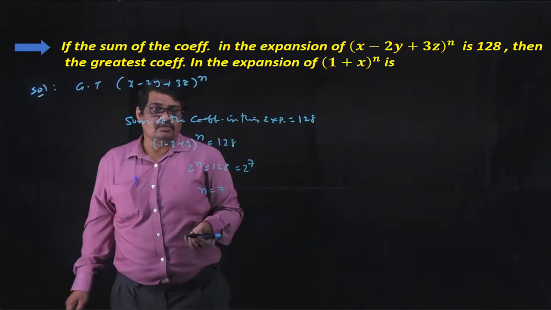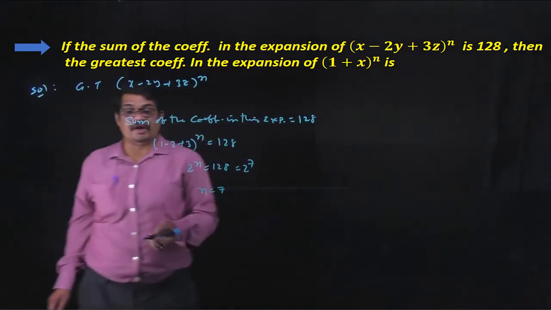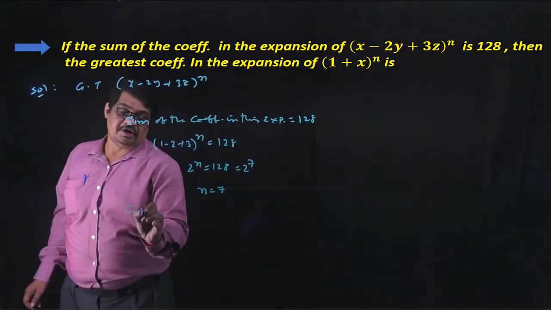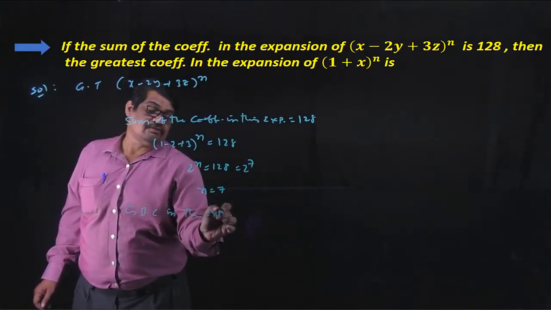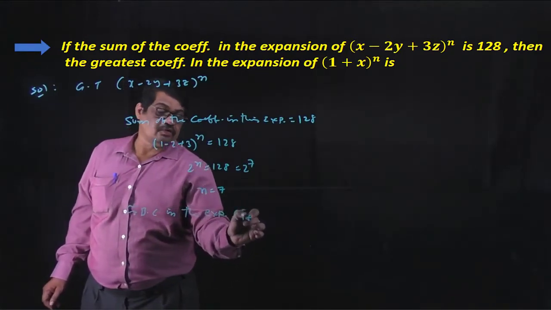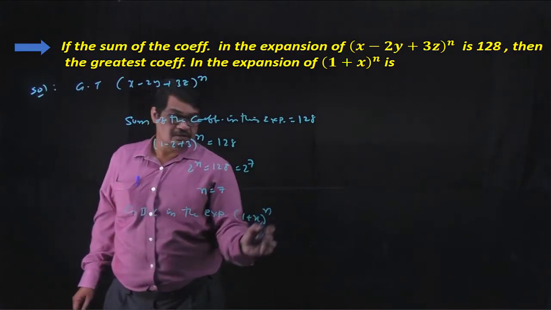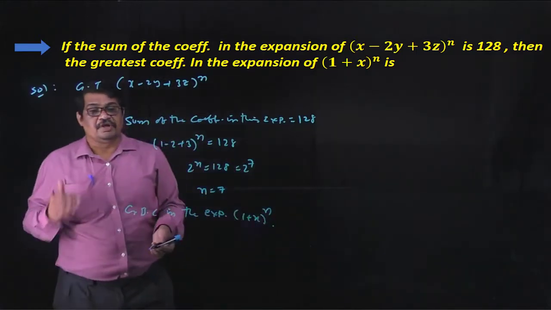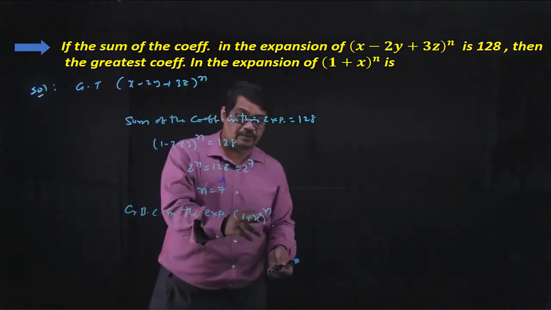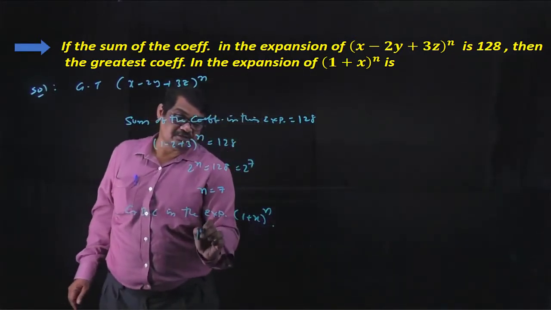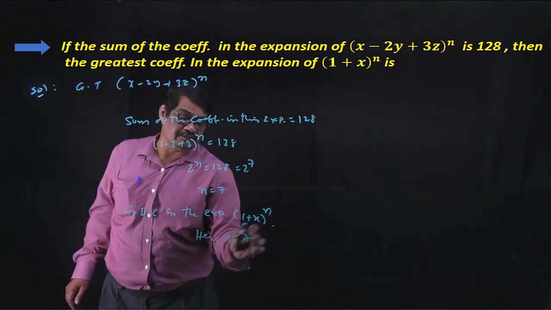Okay, so we have to find the greatest binomial coefficient in the expansion of (1 + x)^n. Here n is 7.